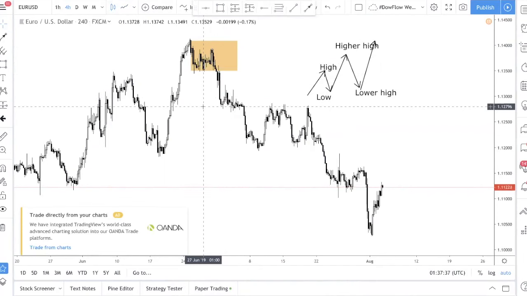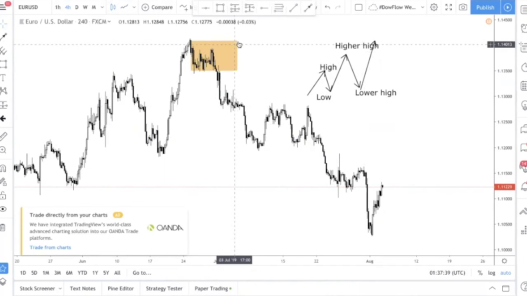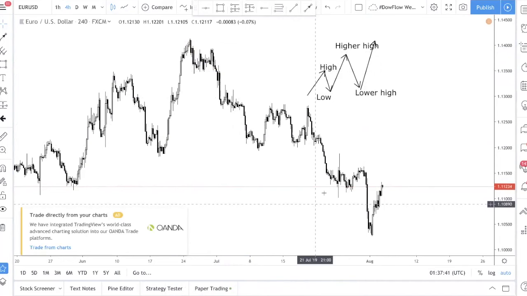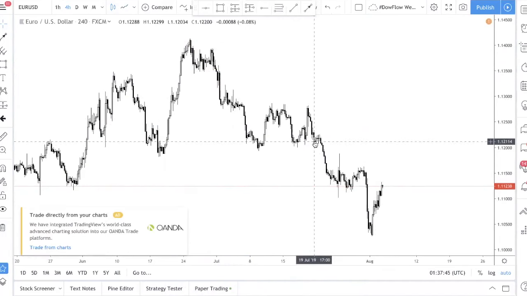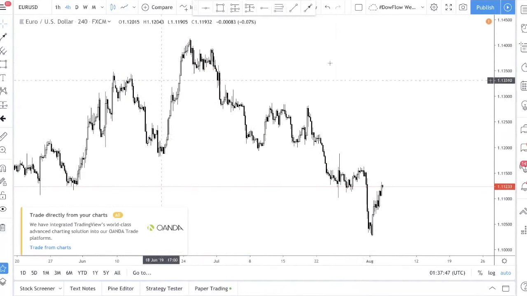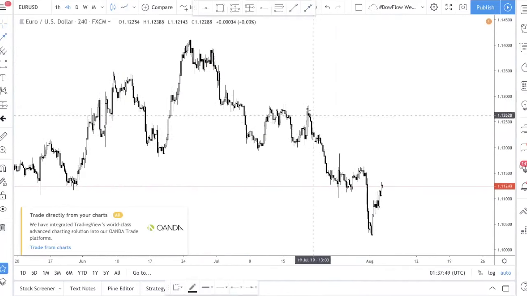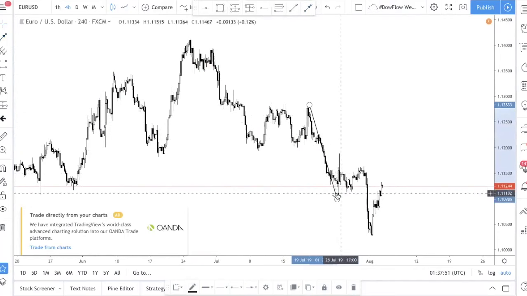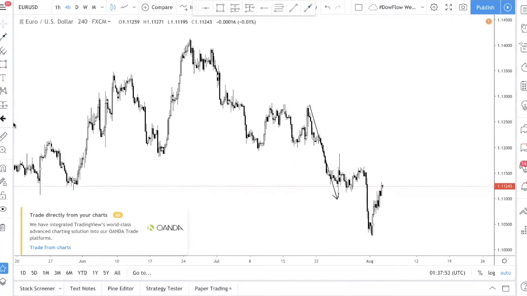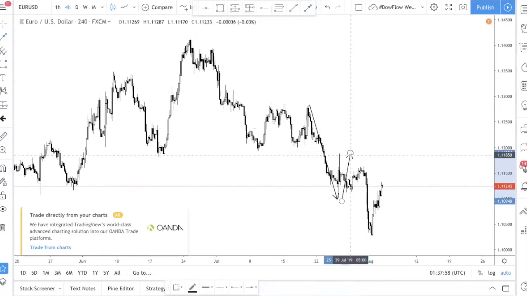Okay, trend. So if we look at euro dollar right now at this moment, what's the trend? Maybe I give you some time to look at it. I mean, the answer should be pretty simple, right? You have down, then you have up here, and then you have a down.